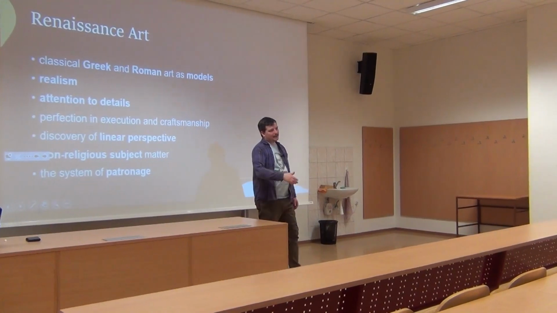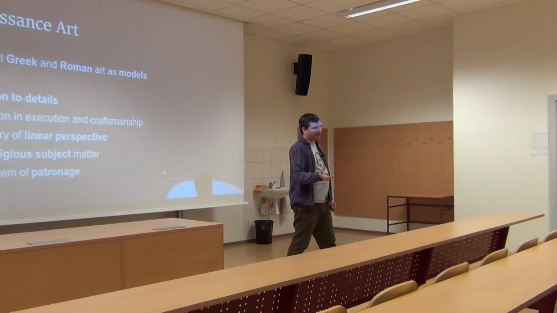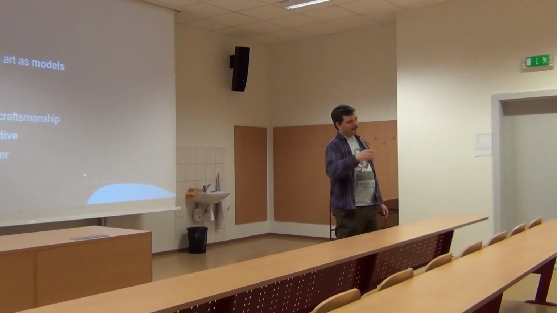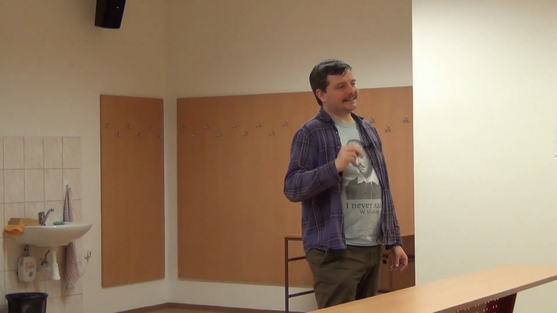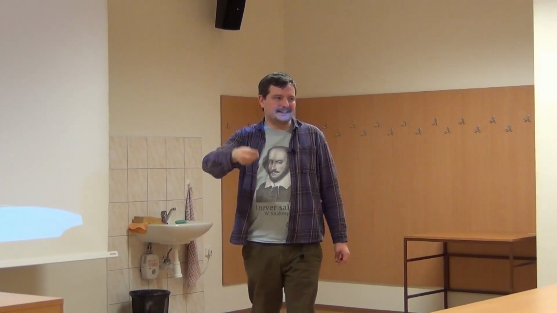Up to this point, most art was religious in subject matter. Not necessarily because people were more religious, but more because the church had the money to pay for it. And now not only the church has the money, those rich bankers can pay for paintings about other things, especially themselves. That's where their favorite topic was paintings of themselves, of course.